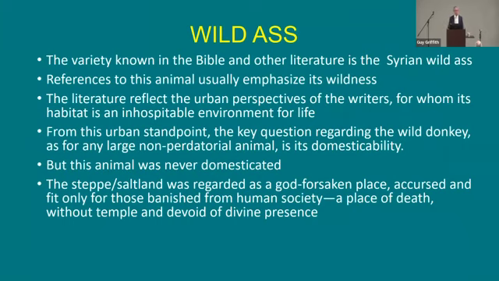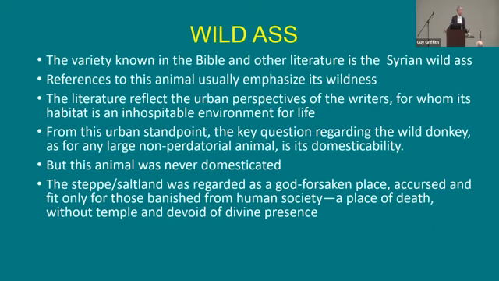The variety known is the Syrian wild ass. Typically, the literature throughout Western Asia, in the Bible and in Akkadian literature, emphasizes the wildness. They live in the steppes. All this literature reflects the perspective of urbanites. In the ancient Near East, the city was a symbol of order.